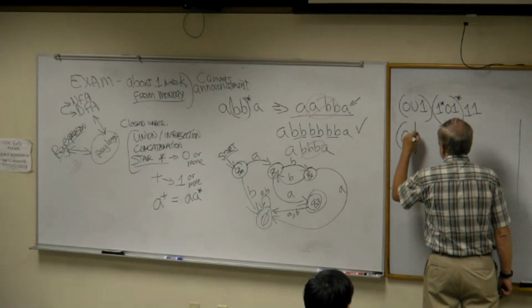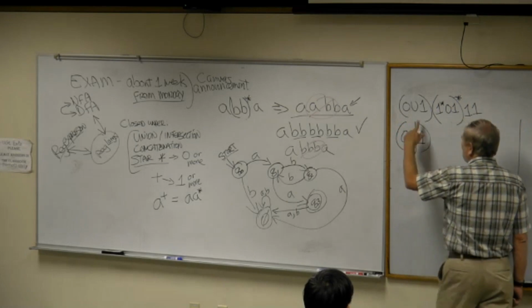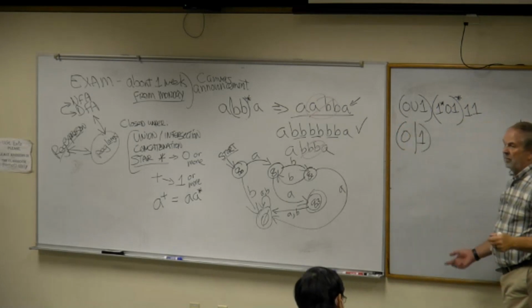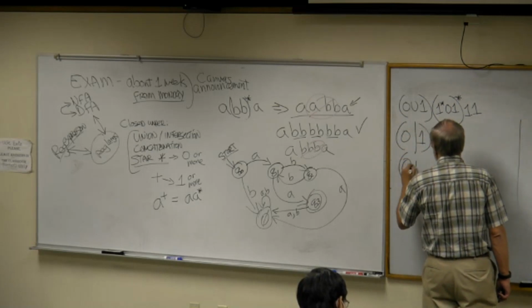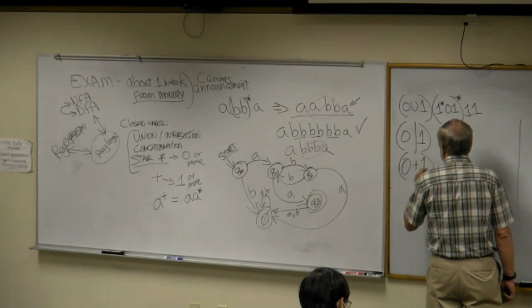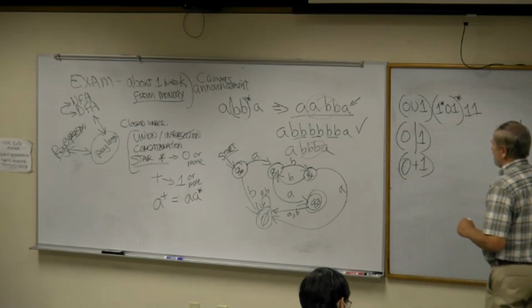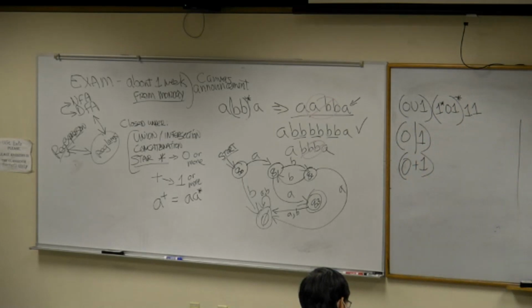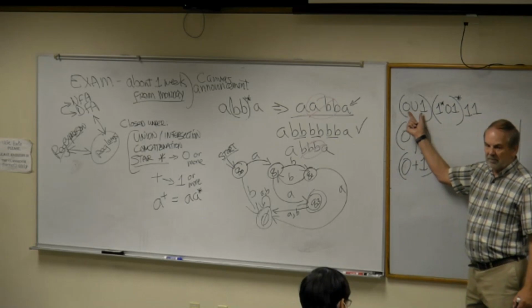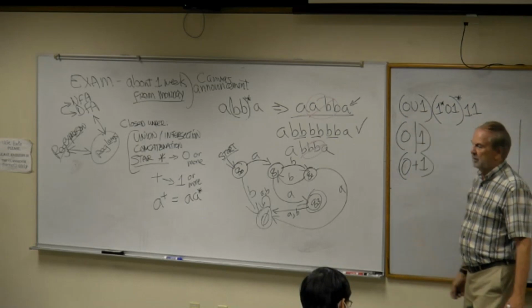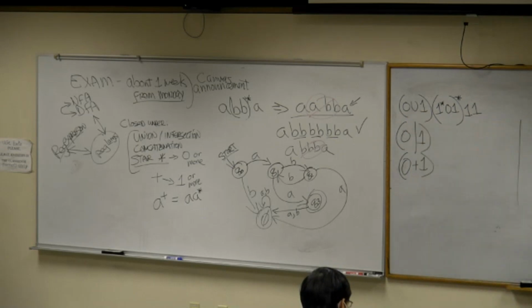These are probably more common than using the union that our book does, but you should be able to recognize those. Just in general, you're going to see any one of those possible in a regular expression.